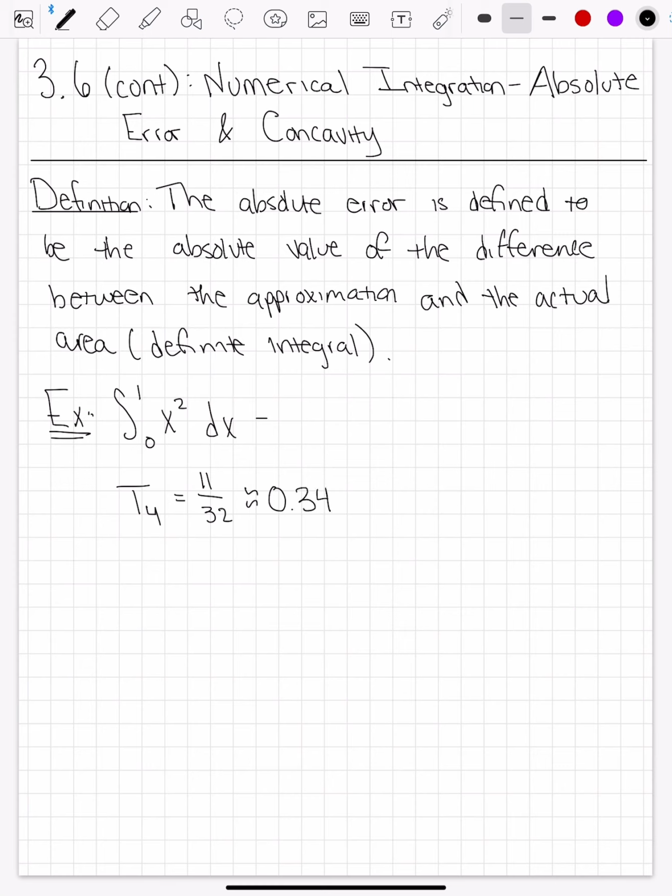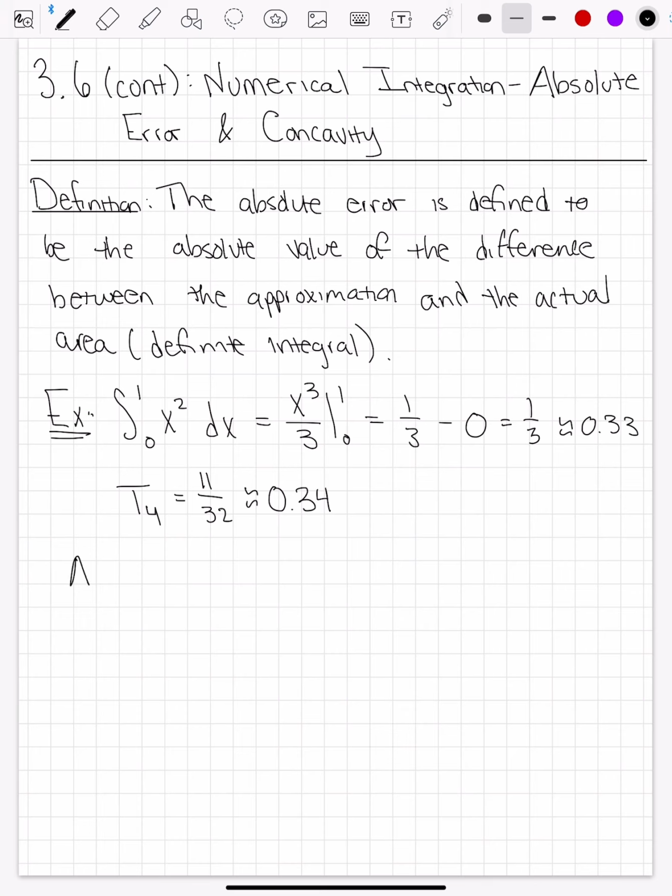And when we do this definite integral out using antiderivatives to get the actual area, right, we end up with 1/3 minus 0, which is just 1/3, or, right, we know that's 0.33 repeating.